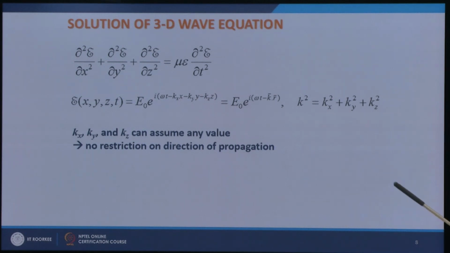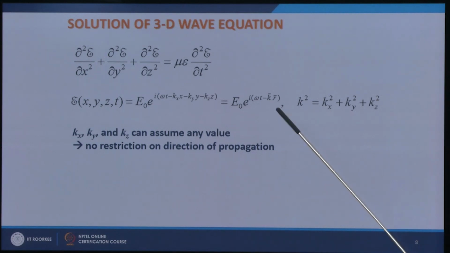Now, for a given k, I can have infinite sets of k x, k y, k z. So infinite sets of k x, k y, k z can give me the same value of k. What is the meaning of those infinite sets?